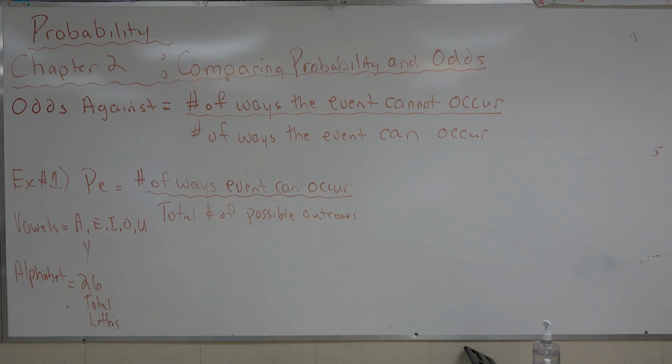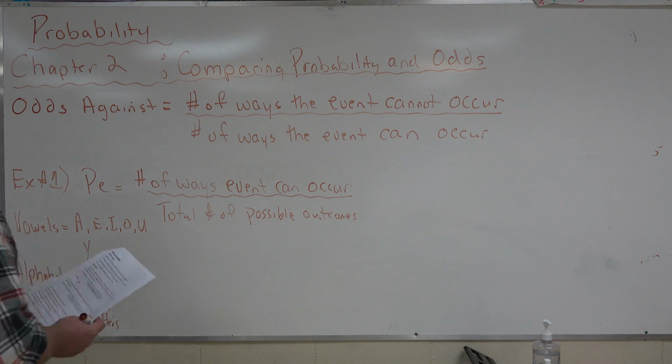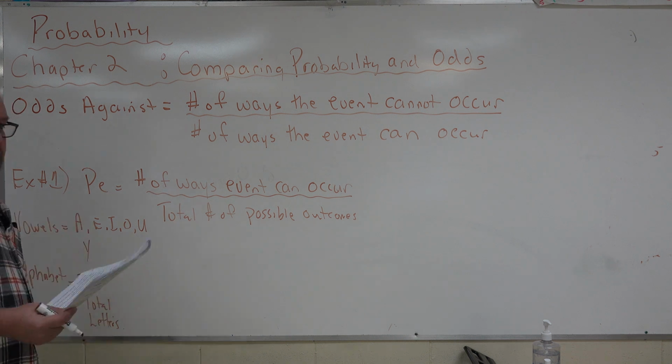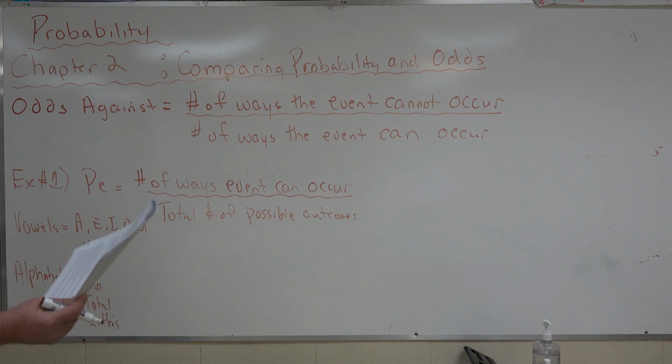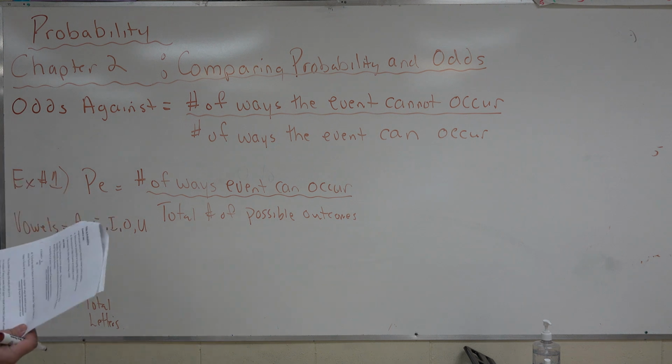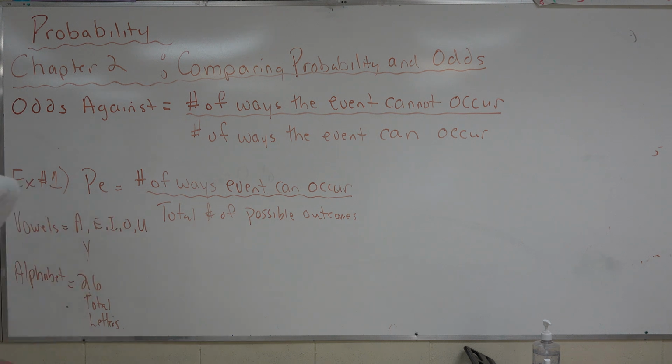Imagine you're randomly choosing a letter from the alphabet. This is a probability question first, for 1A. Determine the probability of choosing a vowel, including Y as a vowel. On the board, I said we have A, E, I, O, and U. We know those to be vowels. That gives us 5. But we include Y just for the purposes of this activity.